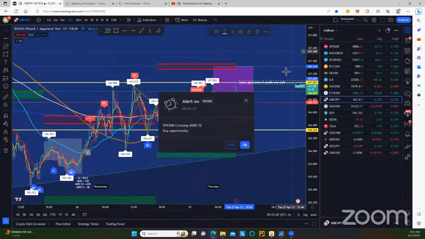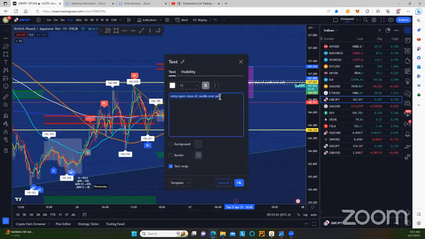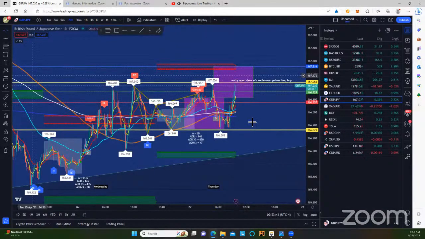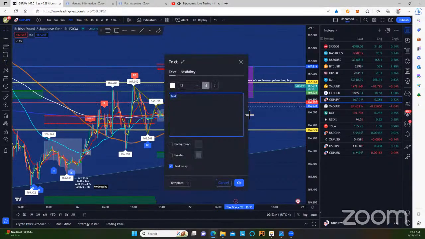What happened? That means we got a buy opportunity. We're going to check that out right after we finish our thought process. Okay, entry upon close of candle over yellow line for a buy. Okay, so if it breaks out, we can continue to go. But if it wants to turn back the other direction, we can sell.